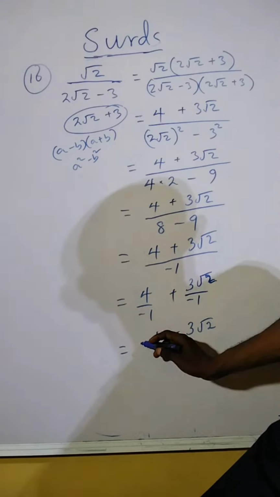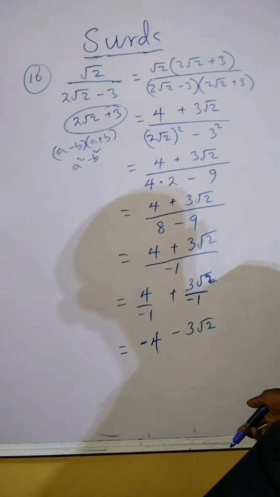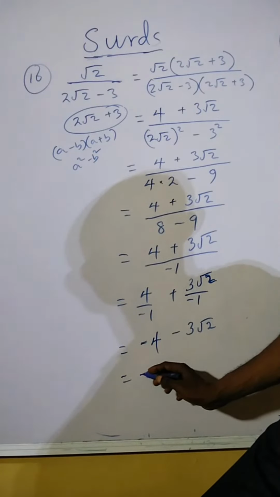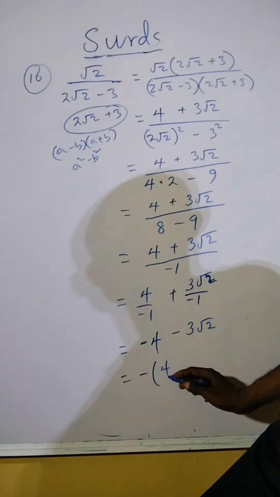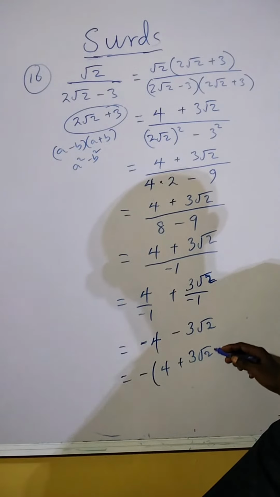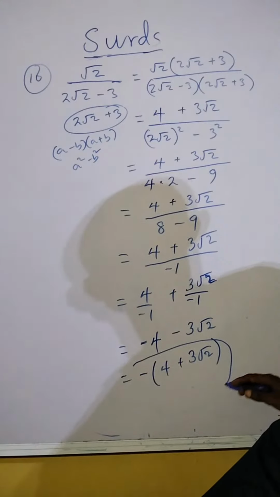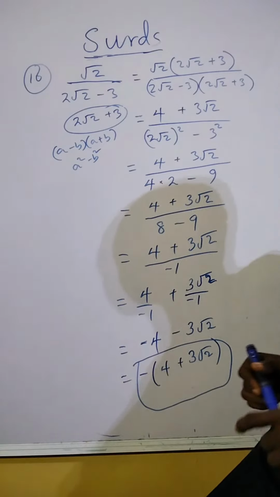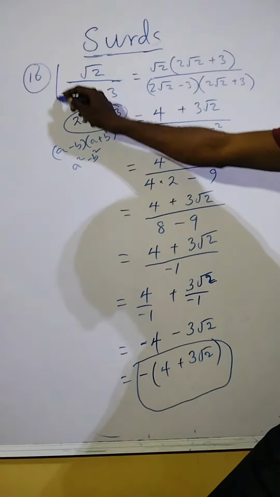So we have minus 4 minus 3 root 2. Or better still, you can say minus into bracket 4 plus 3 root 2. So here we have this as the simplified form of this particular solved problem.